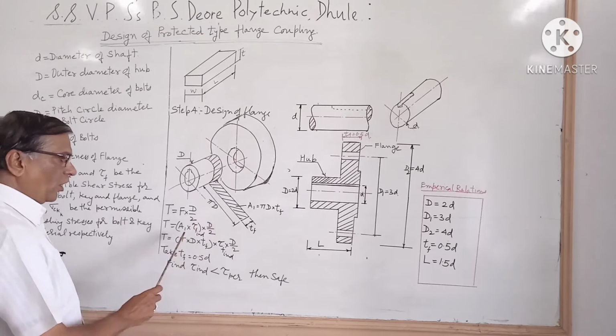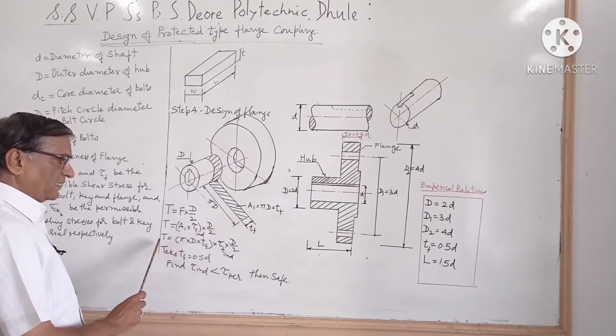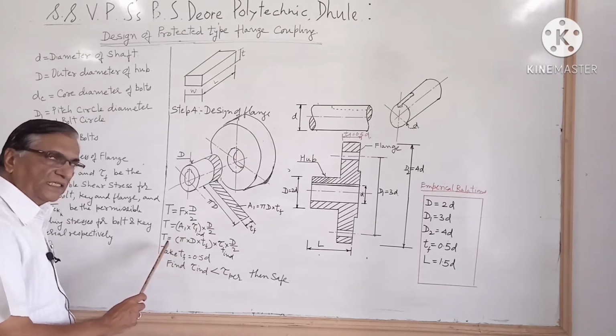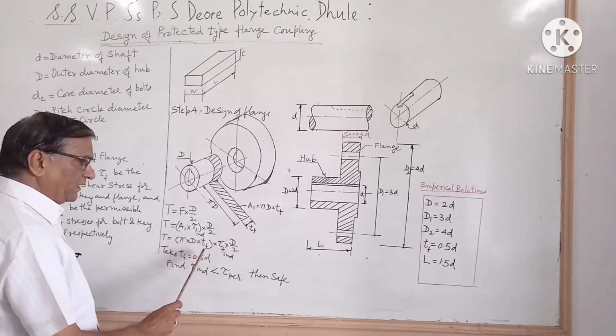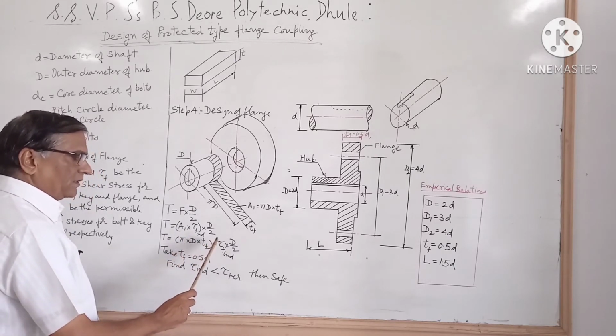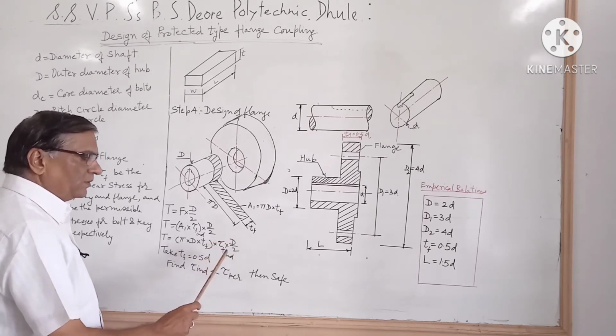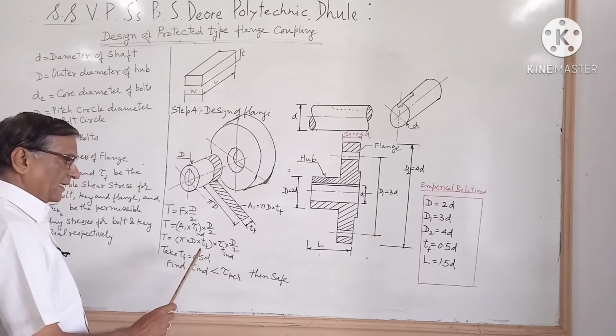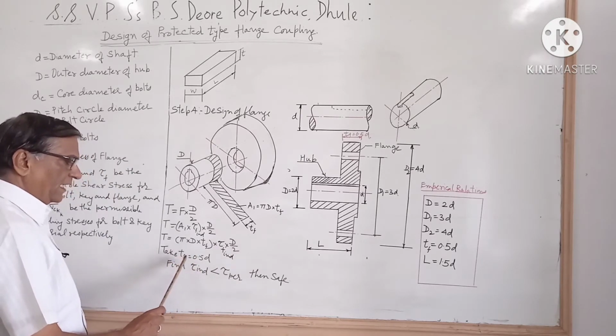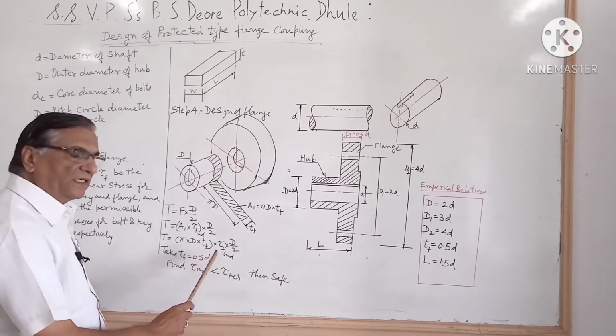Now putting the value of A1 here, this equation becomes torque is equal to pi into capital D into Tf into tau induced into capital D by 2. From this we will calculate tau induced, assuming Tf is equal to 0.5 d.